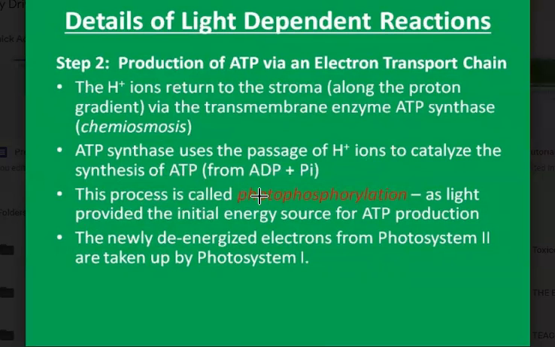This process is what we call photophosphorylation, as light provided the initial energy source for ATP production. The energy came from light, so it's called photophosphorylation. The newly de-energized electrons from photosystem 2 are taken up by photosystem 1.